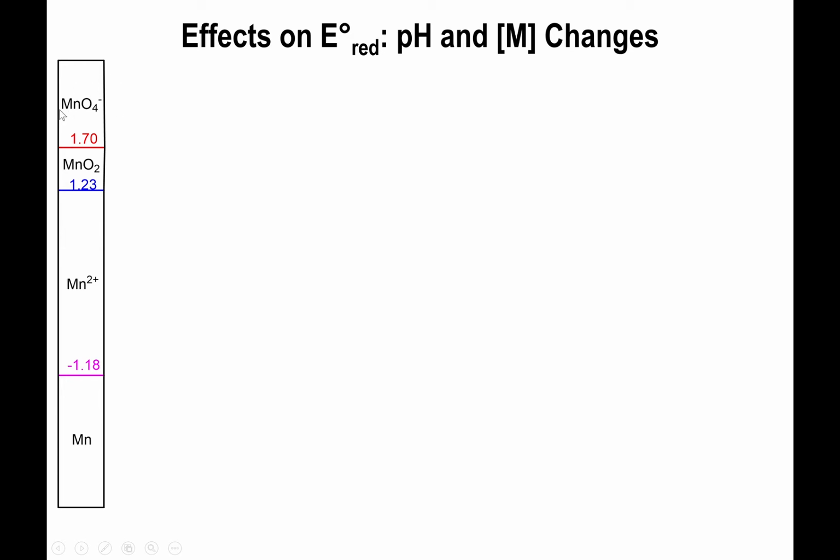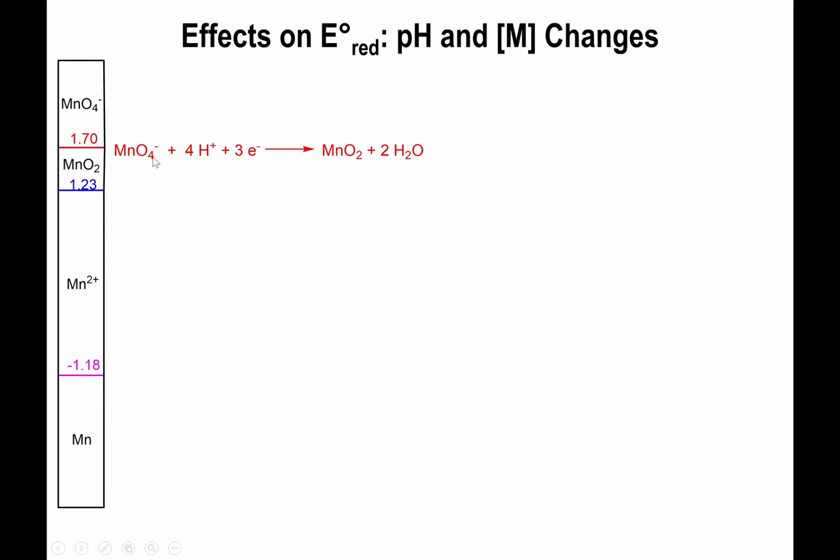For that particular element, we have permanganate, manganese 4 oxide, manganese 2 plus, and neutral manganese as the four main species that you can observe and play with when it comes down to actually handling the chemicals. Each one of these boundaries, of course, represents an individual redox reaction, a reduction to be most exact.